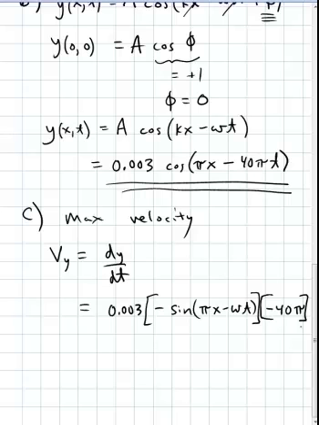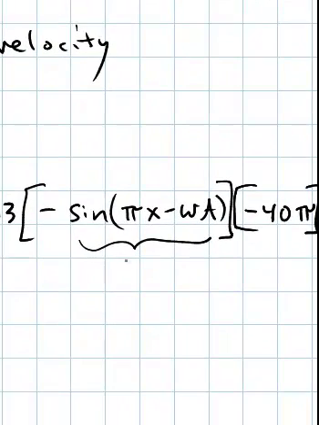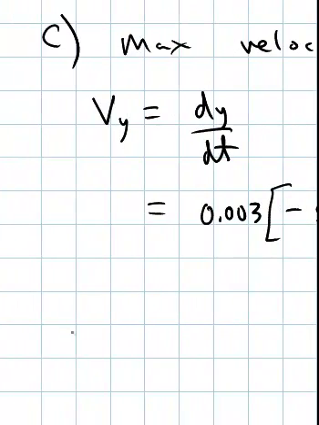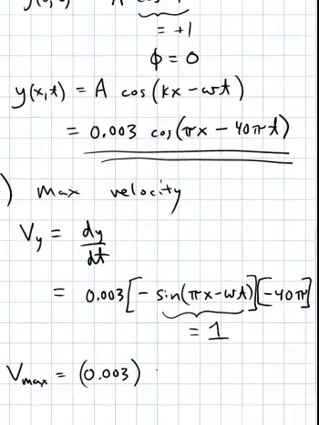And we're looking for the maximum transverse velocity, and that occurs when the sine of pi x minus omega t is equal to 1. So v maximum is going to equal 0.003 times 40 pi.